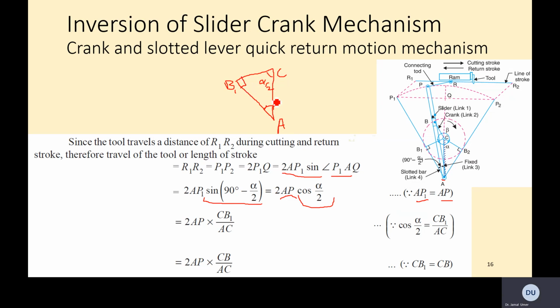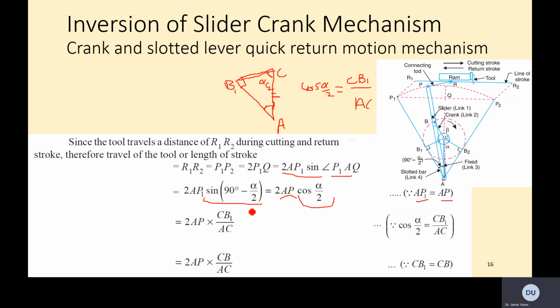So now you can imagine cos alpha by 2 should be here, because this is the base, CB1, and this is the longer side, which is in front of 90 degrees, so we got AC.